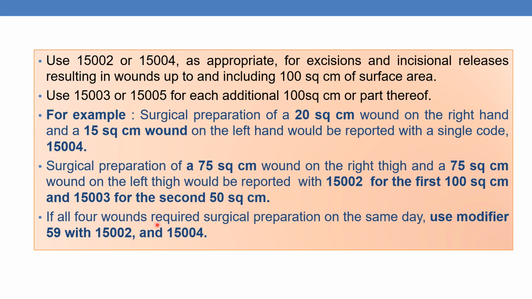And if all 4 wounds require surgical preparation on the same day, that is 1 wound each on the right and left hand and 1 wound each on the right and left thigh, then use modifier 59 with 15002 and 15004, either one of the cases depending upon the complexity. The 59 modifier is given to indicate multiple procedures performed on the same day.